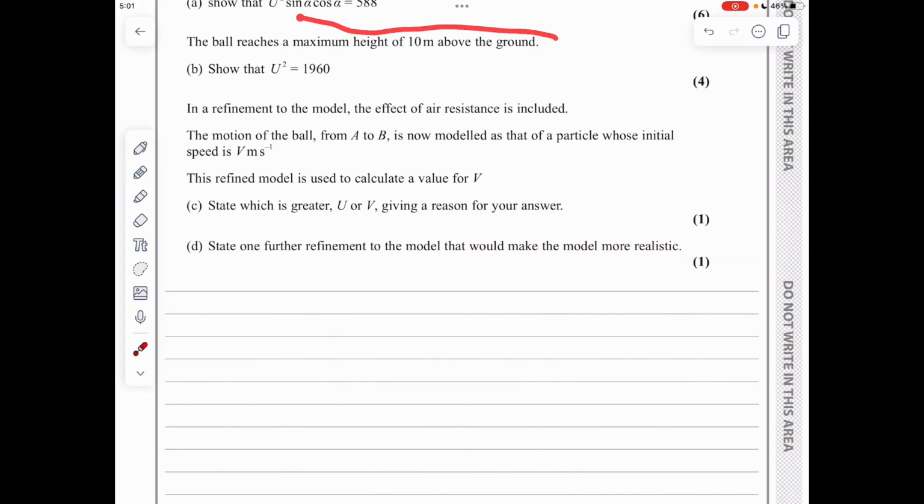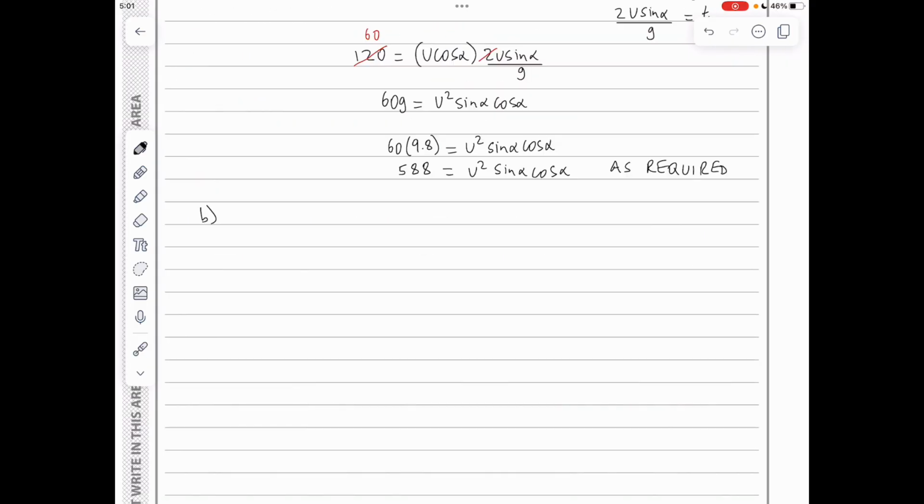In B, we are told that the ball reaches a maximum height of 10 meters above ground, and we need to show that u squared is 1960. So now we'll be using v squared is u squared plus 2as in the vertical component. So the moment we attain the maximum height, the component of the velocity in the vertical direction is 0.